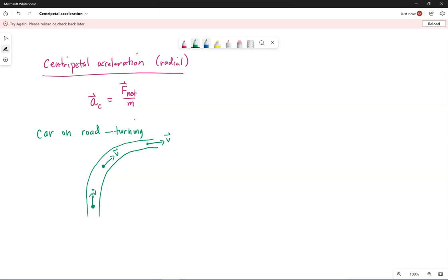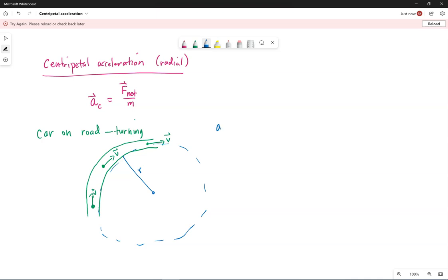Because there is a curvature to this road, we can imagine this has some sort of portion of a circle. Because there's a curvature there, as the car turns, its velocity is changing because the direction is changing. Therefore, there is an acceleration.